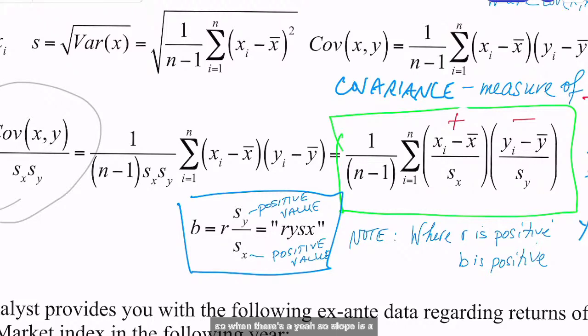So slope is a different concept than R. Slope gives the direction, the slope of that relationship. R gives you the strength of that relationship.